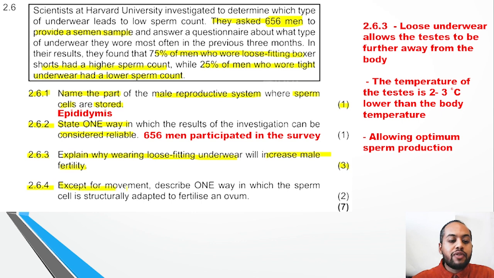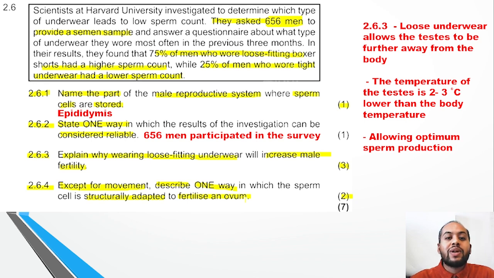2.6.4 except for movement. Describe one way in which sperm cell is structurally adapted to fertilize the ovum for 2 marks. So besides movement, how is a sperm cell adapted to fertilize the ovum? Now you need to know the exact structure of the sperm cell. It has the head comprising of the acrosome and the nucleus. It has the body with the mitochondria, then it has the tail.